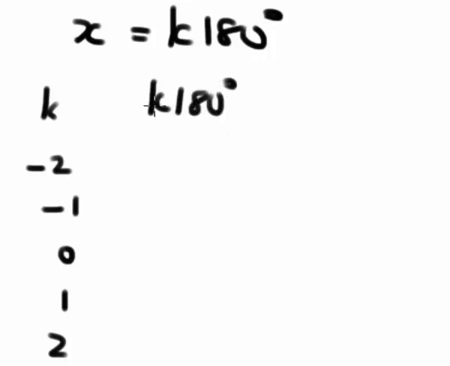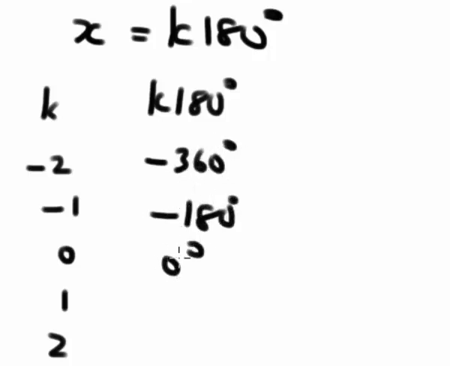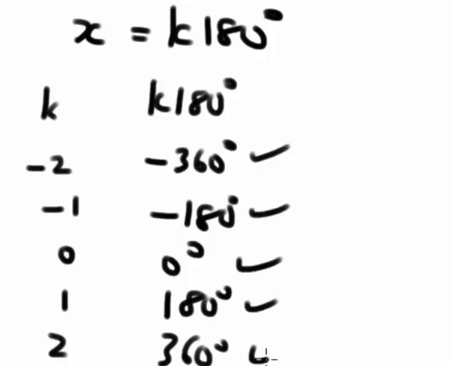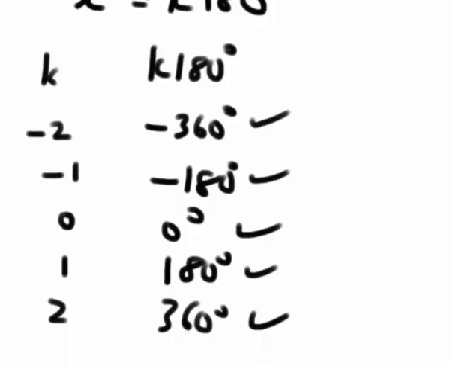So if we plug in minus 2, negative 2 times 180 is negative 360, then negative 180, 0, and then if it's 1, 1 times 180 is 180, and 2 times 180 is 360. And I think beyond that, that wouldn't work. So you've actually got yourself 5 answers here. These would all be specific solutions to that. Obviously, if the restriction got bigger, you could include more values.